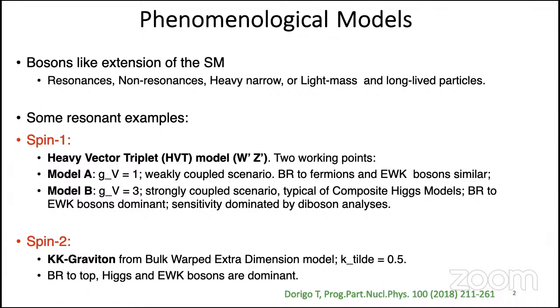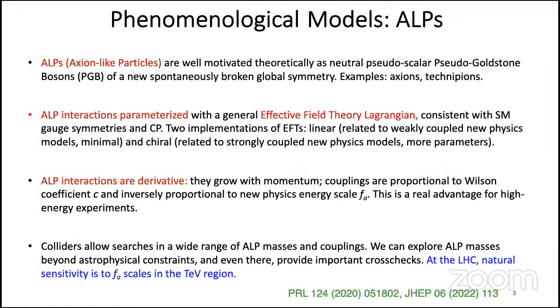The next one is a strongly coupled scenario, typical of composite Higgs models, and the branching ratios to electroweak bosons are dominant, and the sensitivity is dominated by the diboson analysis. Another one is the graviton in the warped extra dimension model, which depends on only one parameter, and the decays of this graviton to top, Higgs, or electroweak bosons are dominant.